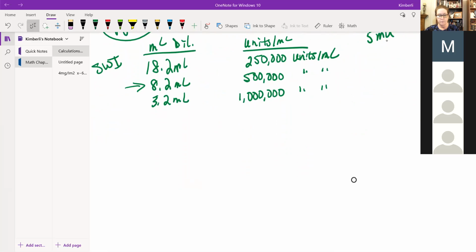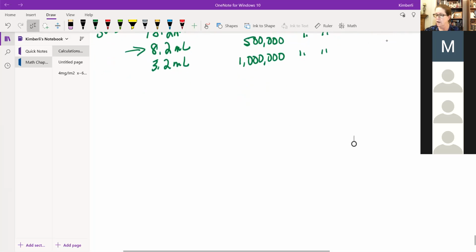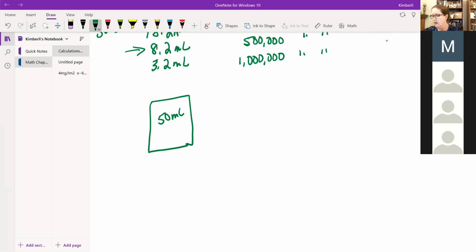So if I'm going to put the entire vial of anything into a bag, what's most important is the total volume after I add it to the bag. So let's say that I have a 50 milliliter bag and I have a drug that needs to be reconstituted, and it's a lyophilized, dried cake of drug.